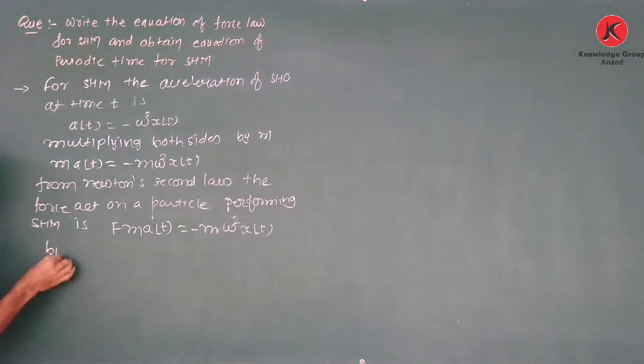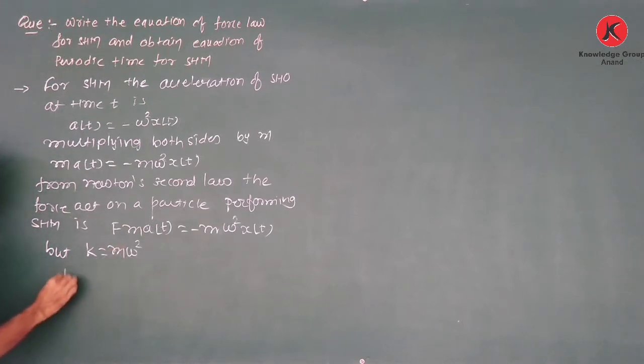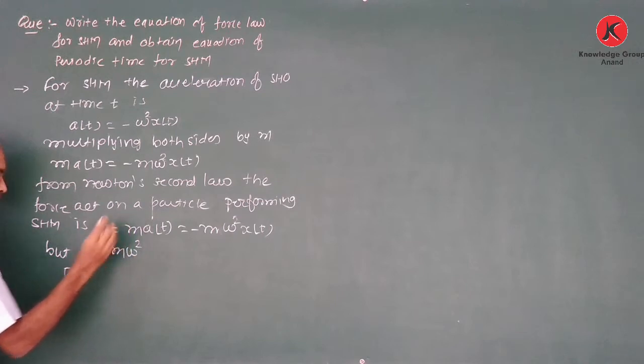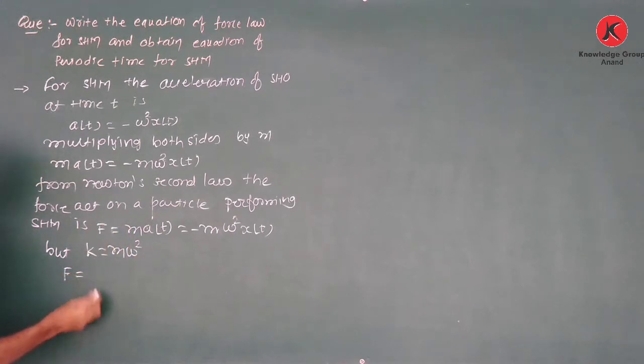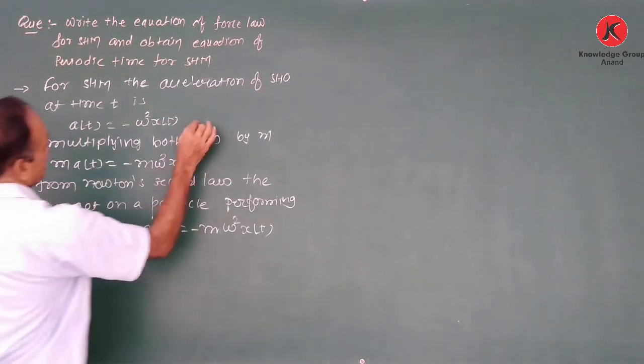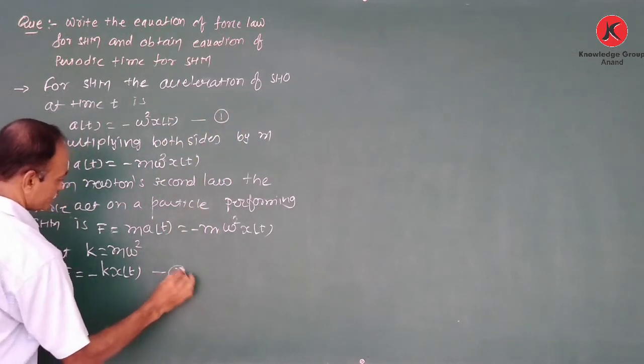But we know that k is equal to m ω². Therefore, F is equal to minus k x(t). Minus k x(t). That is equation 1. That is equation 2.